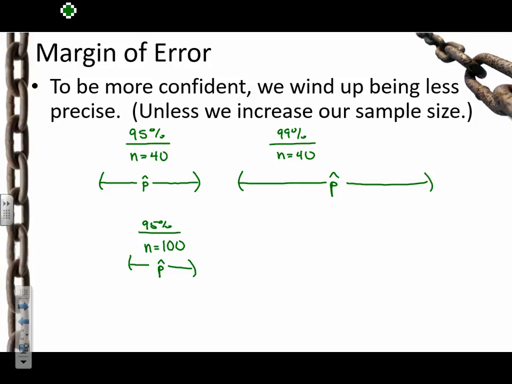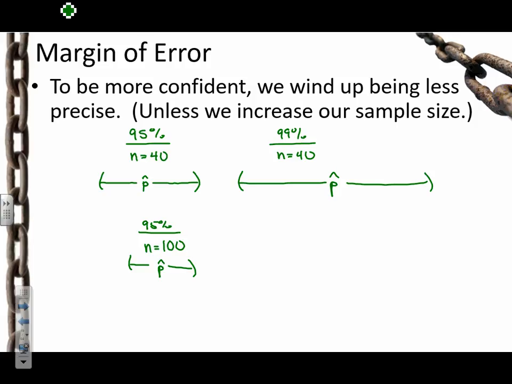To be more confident, I have to widen it out. Unless I increase my sample size. If I increase my sample size, I can keep the same width, but increase the amount of confidence I have in the interval. So I'm not sacrificing that precise look for confidence.